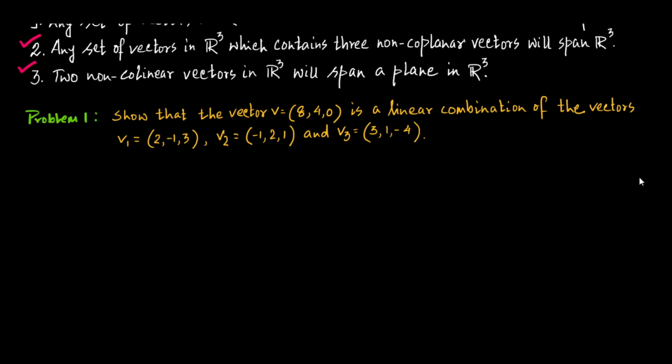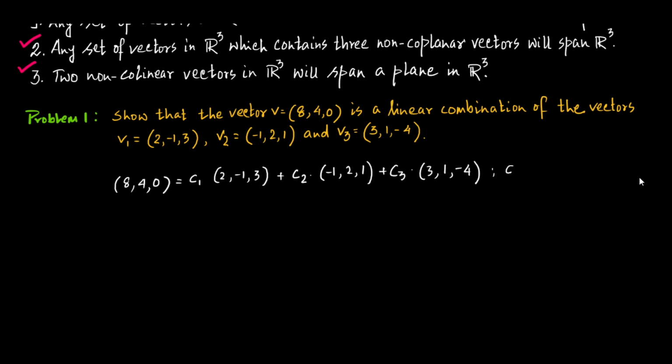Now, if the vector v can be written as a linear combination of these three vectors, then there will exist three constants c1, c2, c3 such that (8, 4, 0) equals c1 into (2, -1, 3) plus c2 into (-1, 2, 1) plus c3 into (3, 1, -4), where c1, c2, c3 are real numbers.